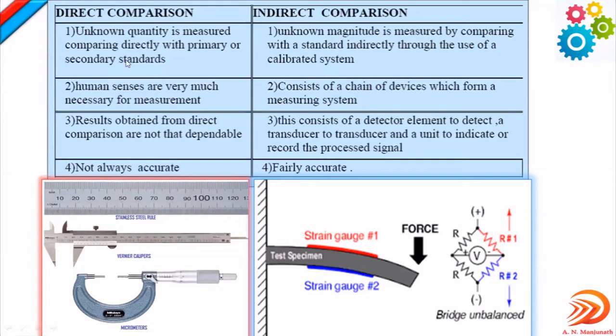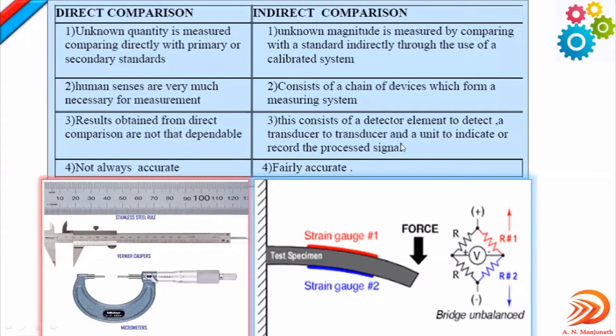See here, the direct comparison, the third one. The result obtained from direct comparison is not that dependable. Under indirect comparison, this consists of a detector element to detect, a transducer to transduce, and a unit to indicate or record the process signal.